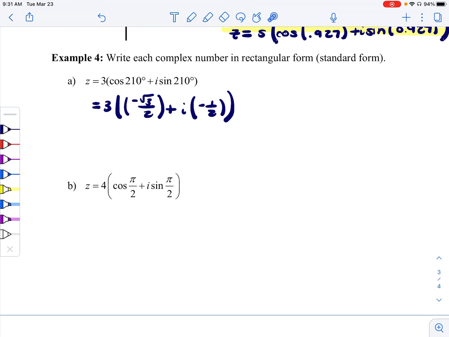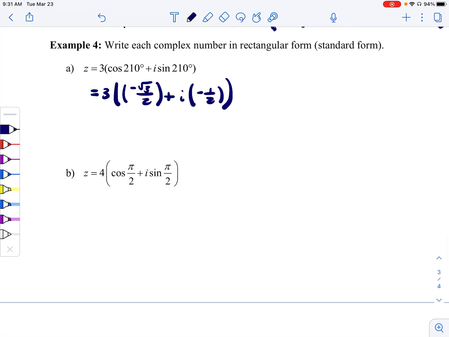Now if these weren't unit circle angles, then you could plug them into the calculator and get a decimal approximation. But as long as these are angles on your unit circle, I want you to give me an exact value. So if it's a unit circle angle, give me an exact value. If it's not a unit circle angle, then you can plug it into the calculator and give me a decimal approximation. Then we just need to distribute our 3.